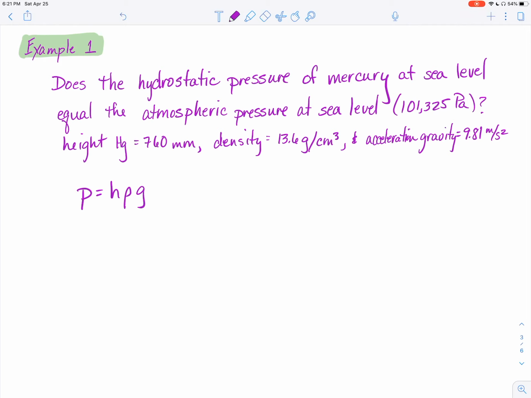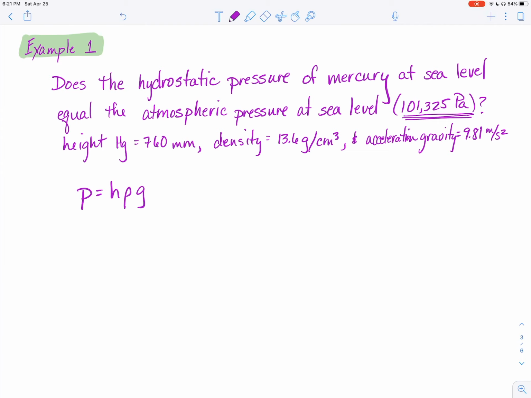In this first example problem, it says, does the hydrostatic pressure of mercury at sea level equal the atmospheric pressure at sea level? The atmospheric pressure at sea level in pascals is a value that has been experimentally calculated to be 101,325 pascals.